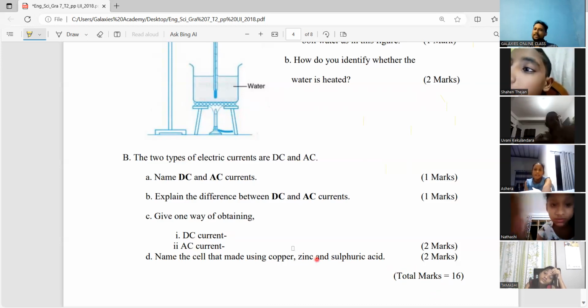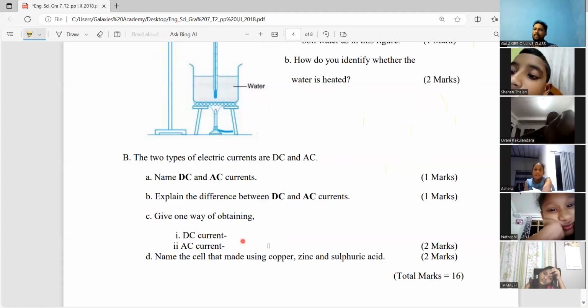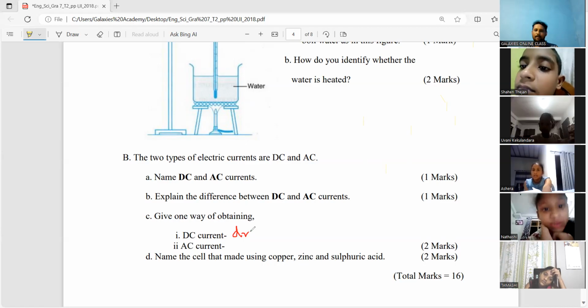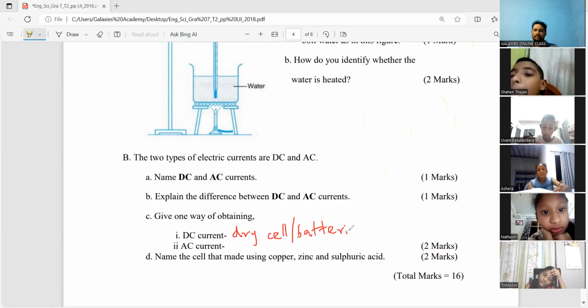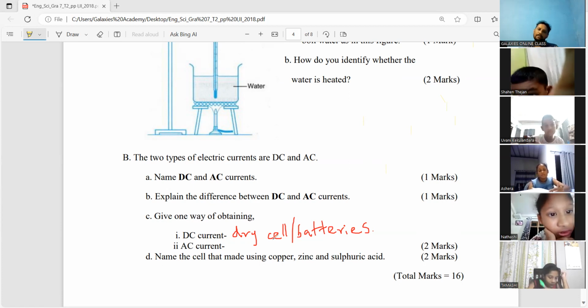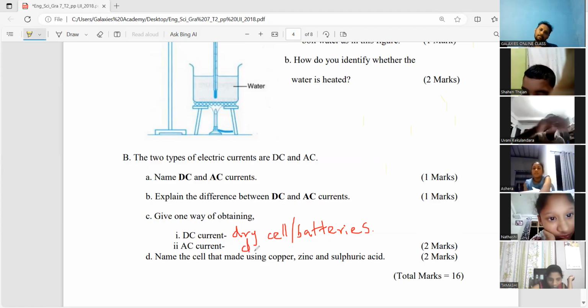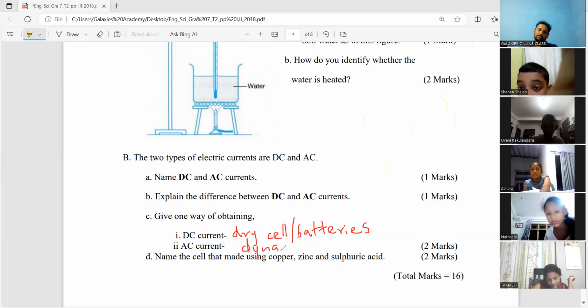Right, you can write the answer: dry cells or batteries, only one way. Then AC current we can get using a dynamo, generators. Yes, generators.